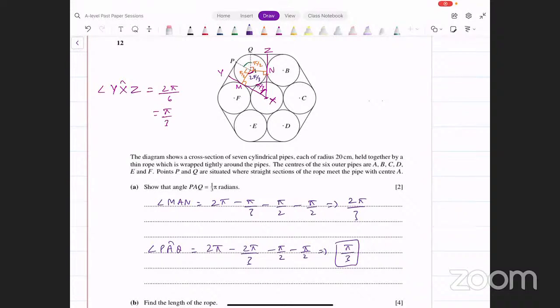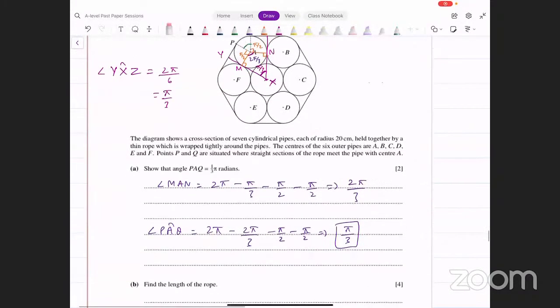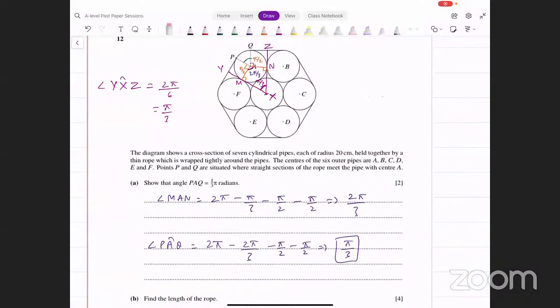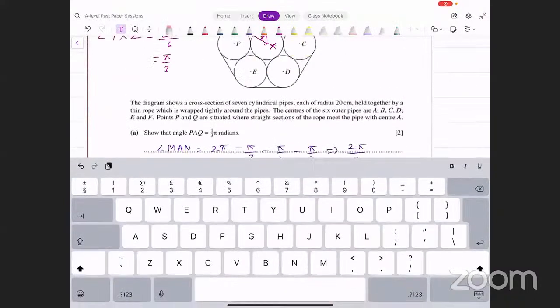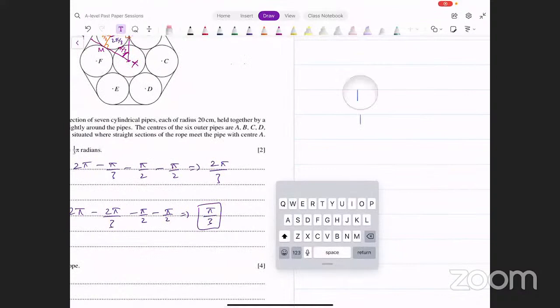Now it says find the length of the rope. Length of the rope. अब length of the rope कैसे find करें? What I'm going to do is I'm just going to copy this figure here on the side.